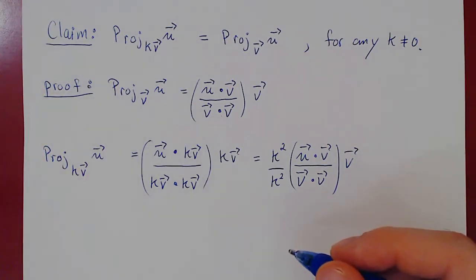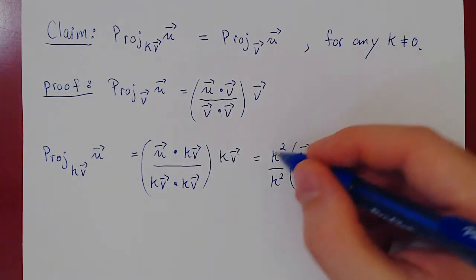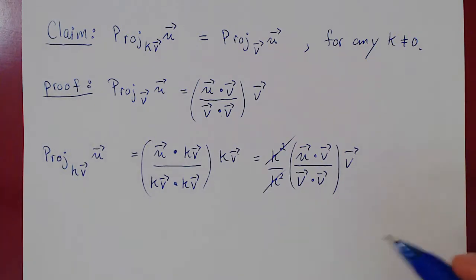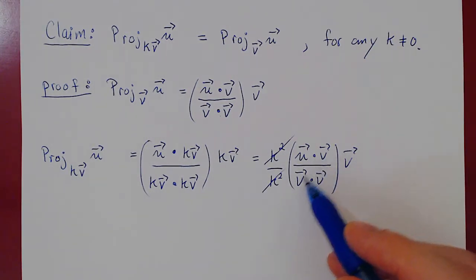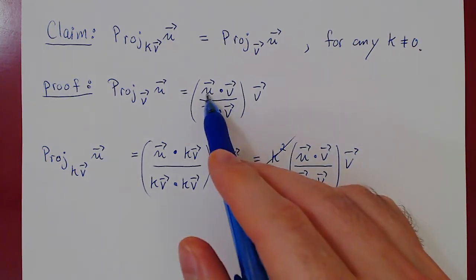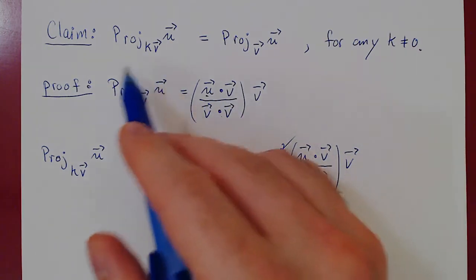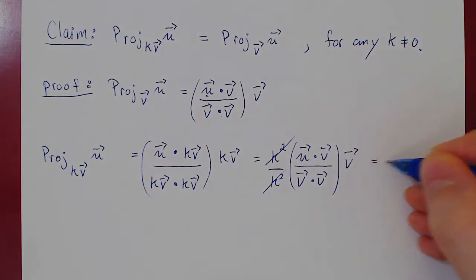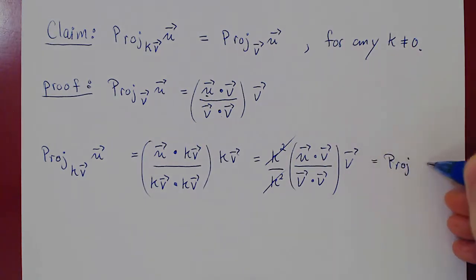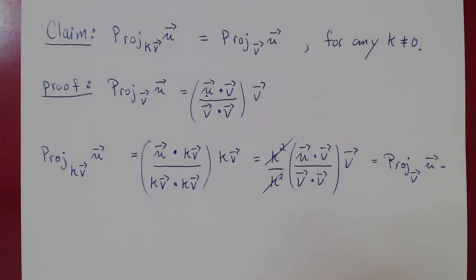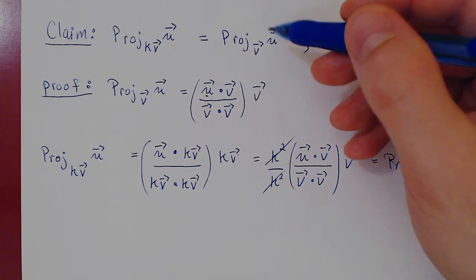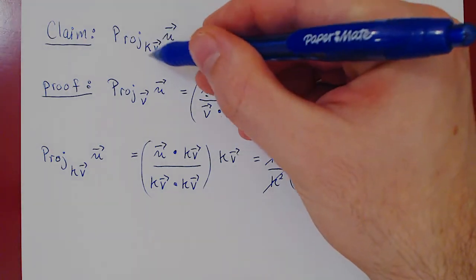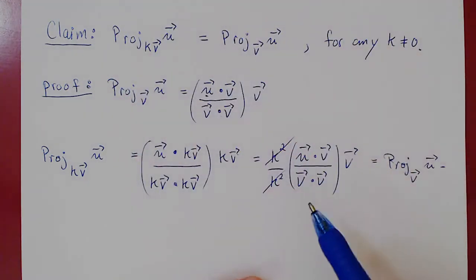Well, if k is not 0, k squared over k squared is 1, that's gone, and we're left with, would you look at that, u dot v over v dot v times v. So that's just a projection of u onto v. And this completes the proof. So if you project u onto v, or project u onto any other vector parallel to v, the projection is the same.